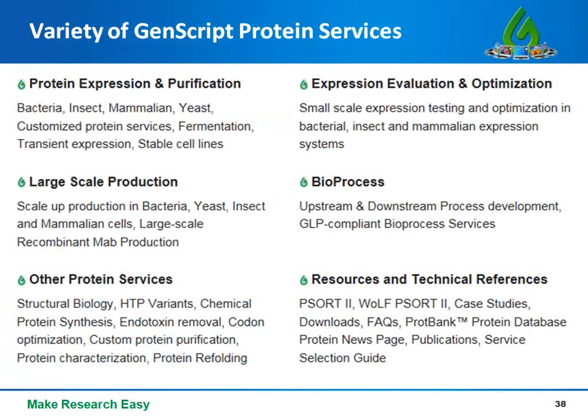No matter what kind of protein production projects you have, you can find a solution here at GenScript. We offer a variety of protein services covering almost every aspect of recombinant protein expression and purification, from full portfolios of expression systems to stable cell lines, from protein expression evaluation and optimization to large-scale protein production, to protein crystals for structural biology studies.